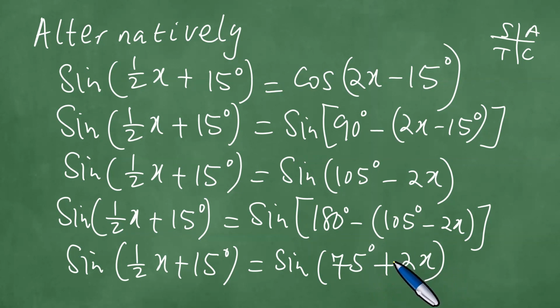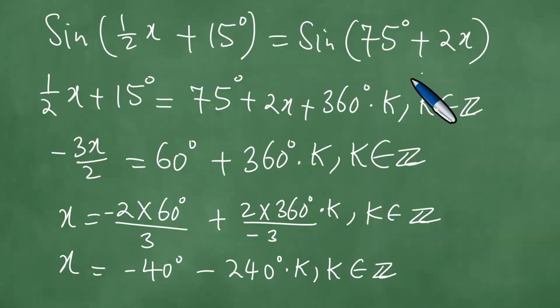After having seen all that, what does this bring to us? It brings the 75 plus 2x. We're able to see that the 75 degrees plus 2x is the result. And we get the 360 as well. And this becomes the answer.